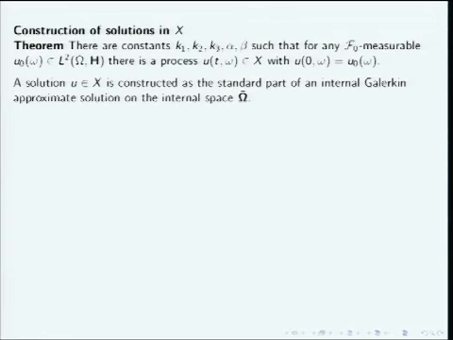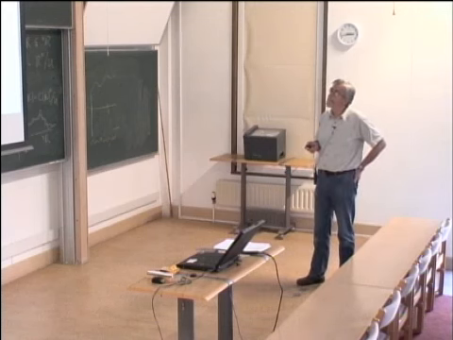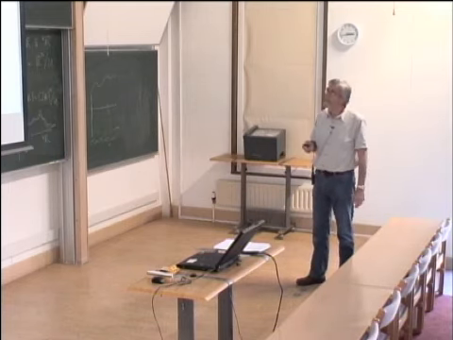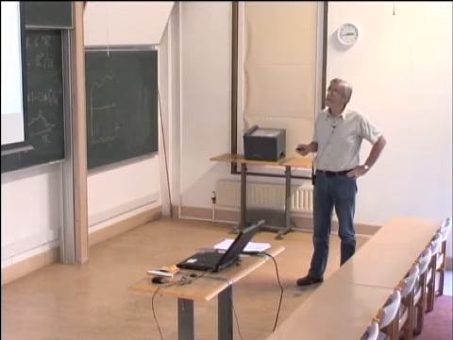Sorry, what is it? I lost the connection between X and L2 of omega, H. Somehow your process leaves L2? Yeah, we know what omega is. It's a probability space. We know H is standard.